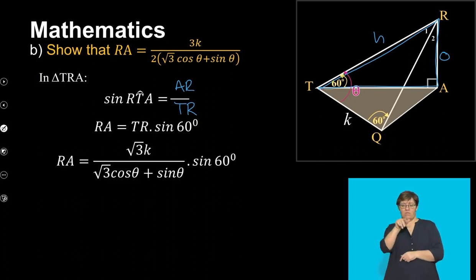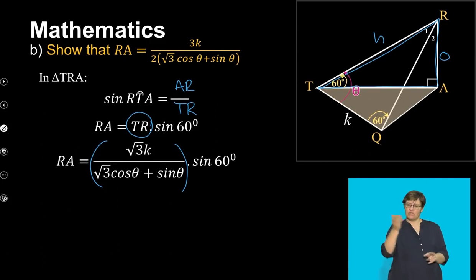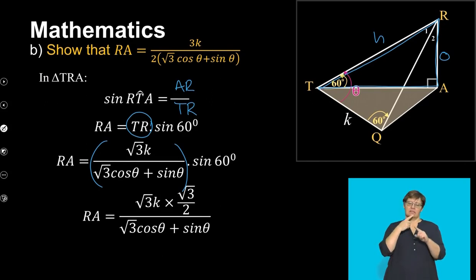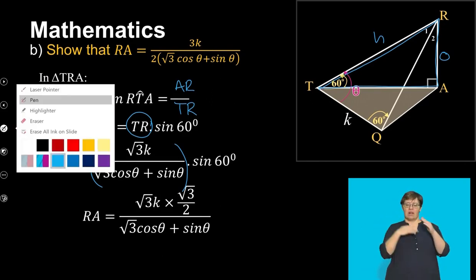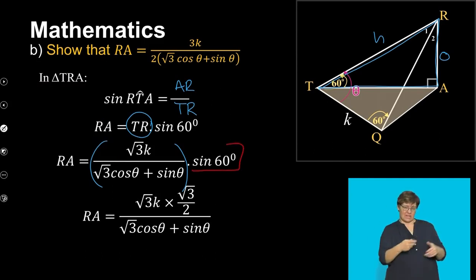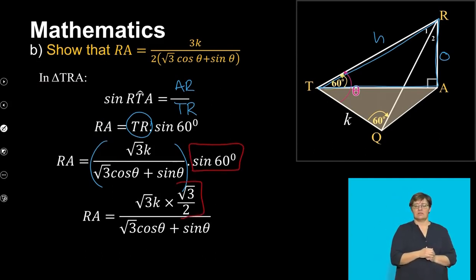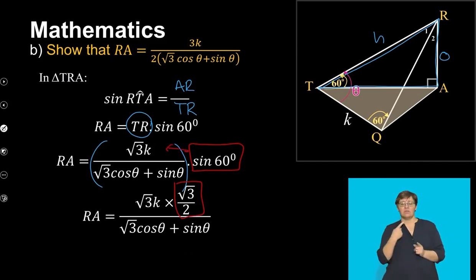And remember that we found TR in the previous question, and we had TR is equal to this expression here. So we're just going to plonk in that whole expression for TR, which was root 3k over root 3 cos theta plus sine of theta, times sine of 60. Now we're going to substitute for sine of 60 because we know from our special angle triangles, or if you were using a calculator, sine of 60 is root 3 over 2. And remember, we're multiplying those two numerators together.